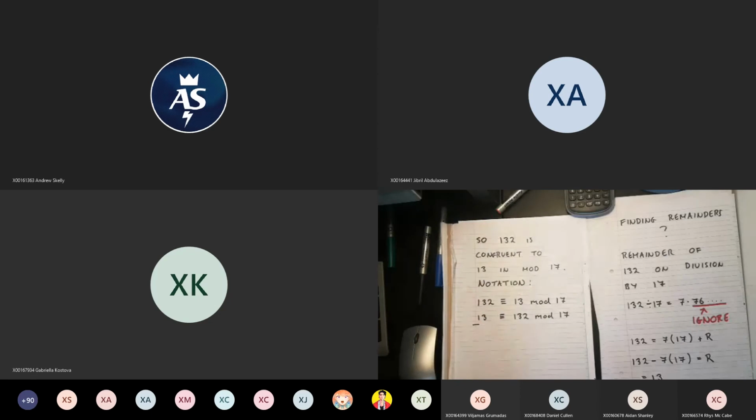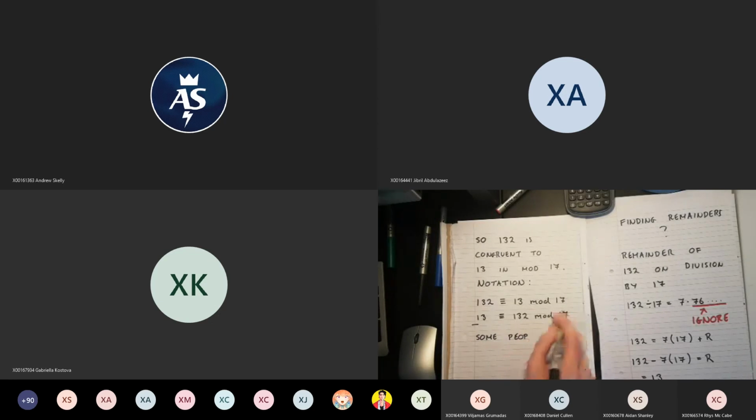Now I want to talk about some different conventions, and these are important because I'm a human being and I'm bound to make slips. Some people say the divisor is always the mod.